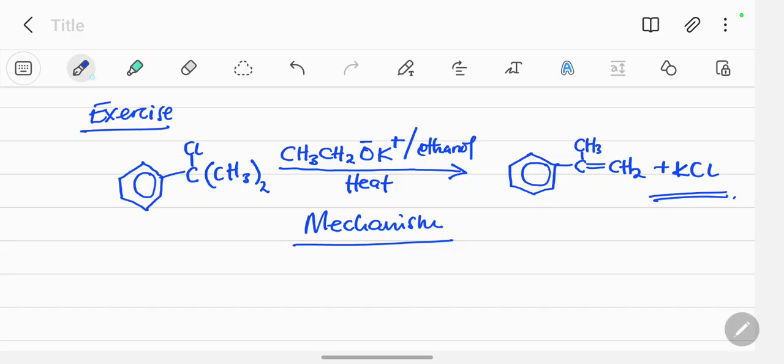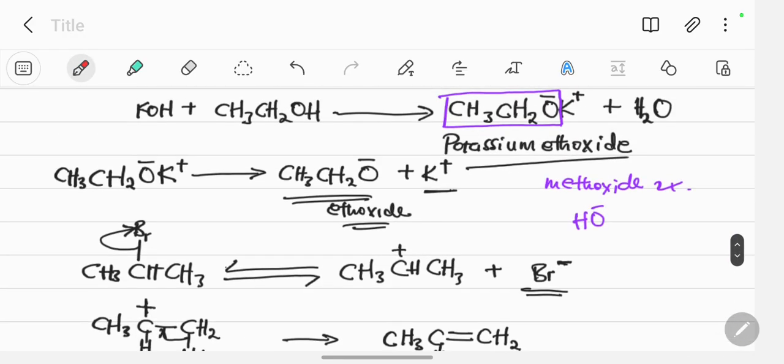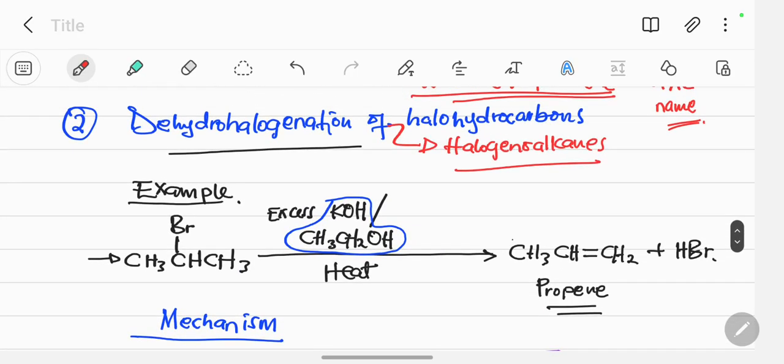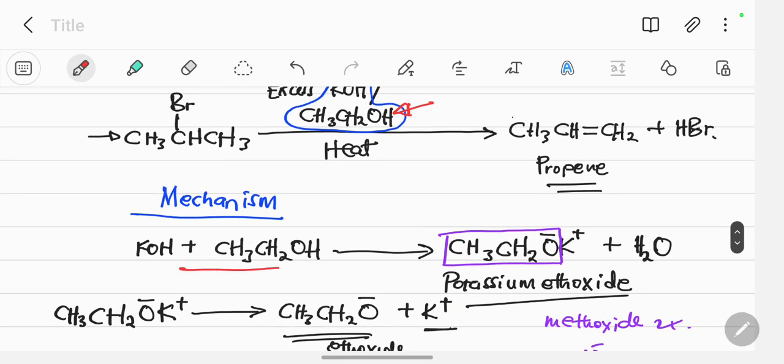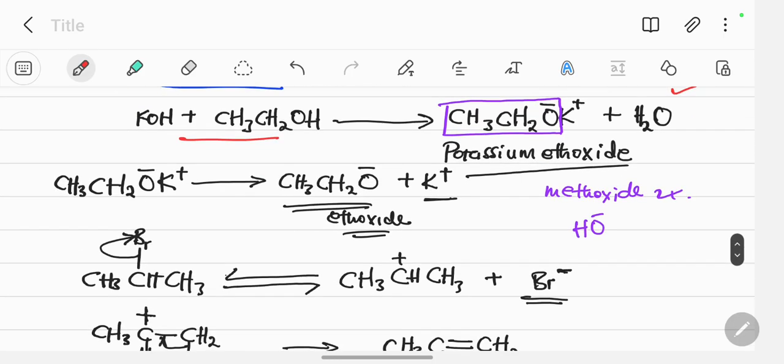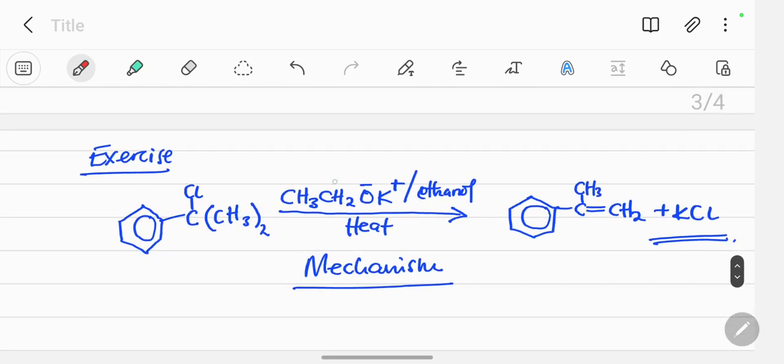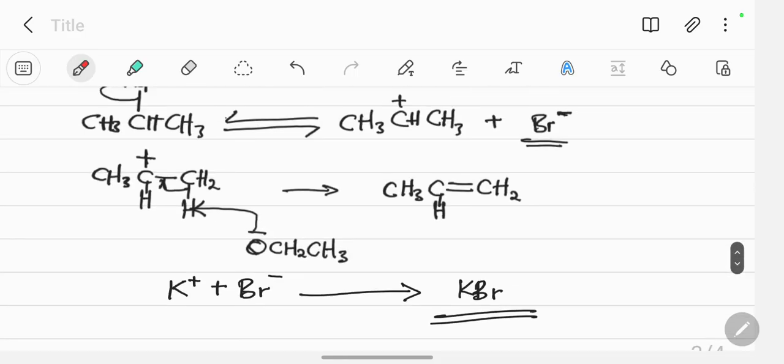But what you have to know is, for this question, we were given excess potassium hydroxide and ethanol, and we used that to form the potassium ethoxide and water. But for this case here, they have prepared for us the potassium ethoxide. So we're only given potassium ethoxide and ethanol. So what you start with isn't this reaction.